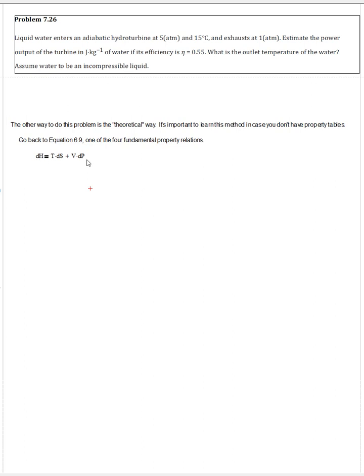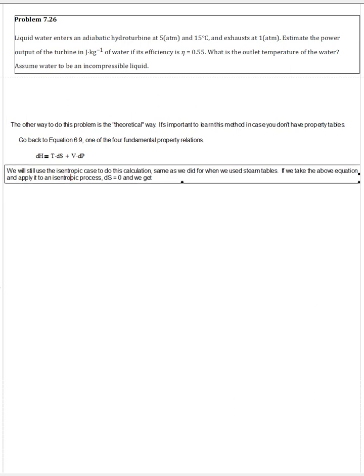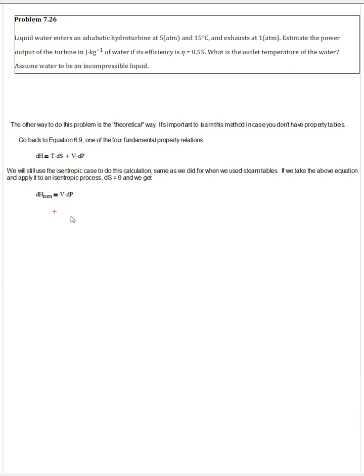We apply this equation to the turbine from the input to the output. If dS is equal to 0, this whole term goes away, and that leaves us dH for the isentropic case equal to VdP.